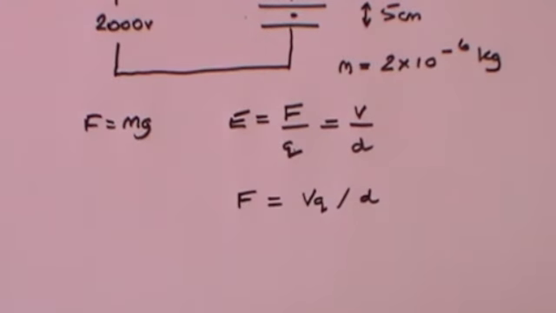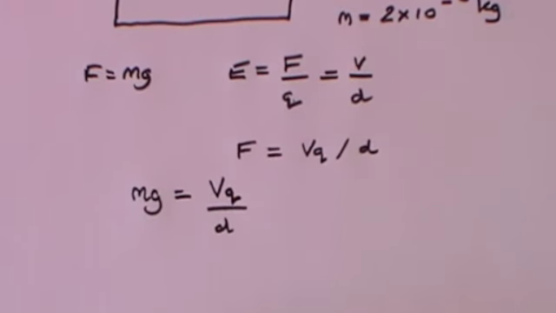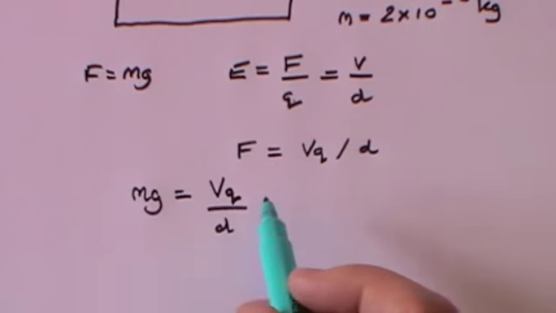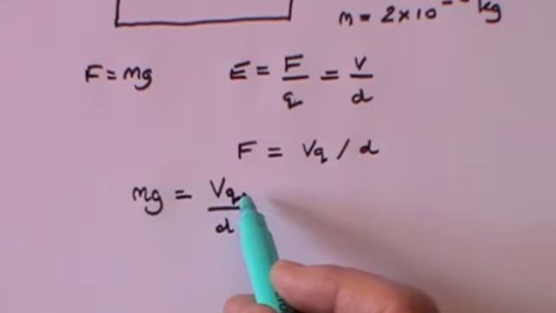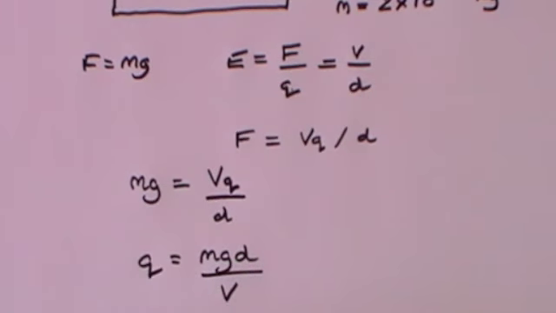So those are the two forces, and they must be equal, which means that mg must equal VQ over d. And on that basis, Q, which is the value of the charge, which is what we're trying to find, is going to equal, by rearranging that formula, mgd divided by V.